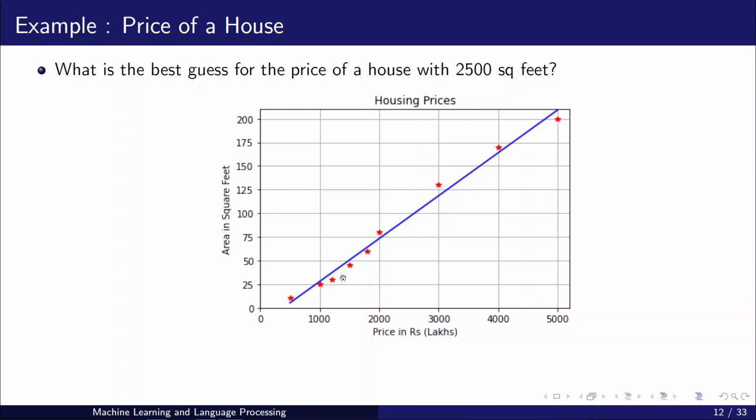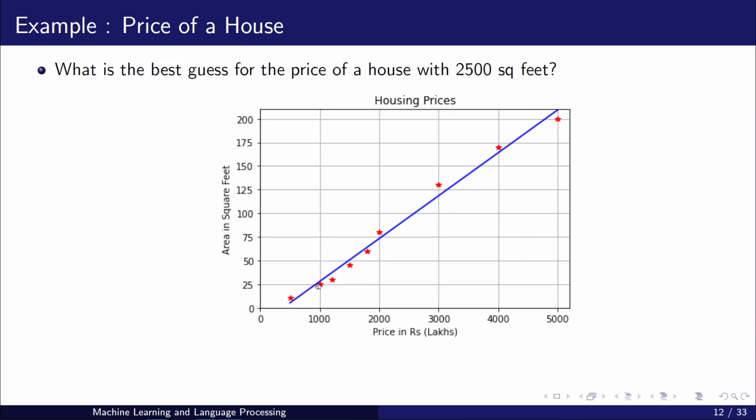We will collect all the data, price against square feet, and plot it with price on the x-axis and area in square feet on the y-axis. So 1,000 square feet has some price, 5,000 square feet has some price.